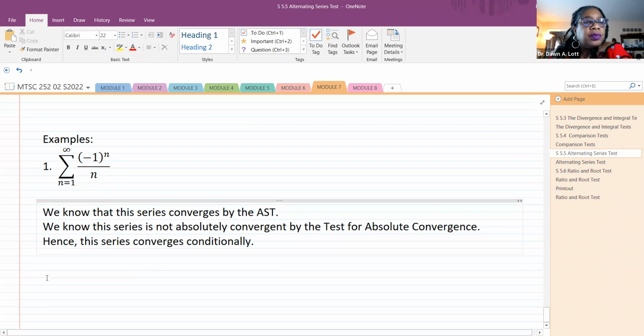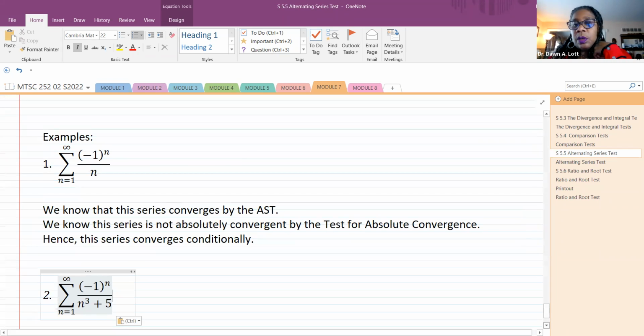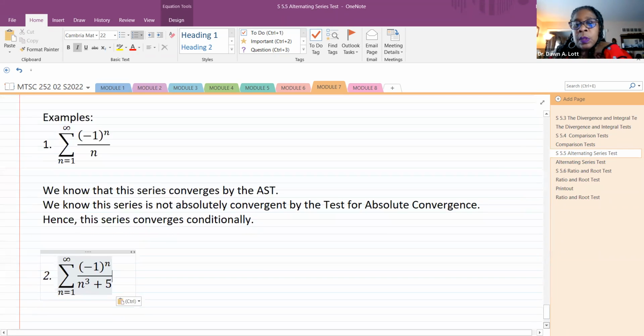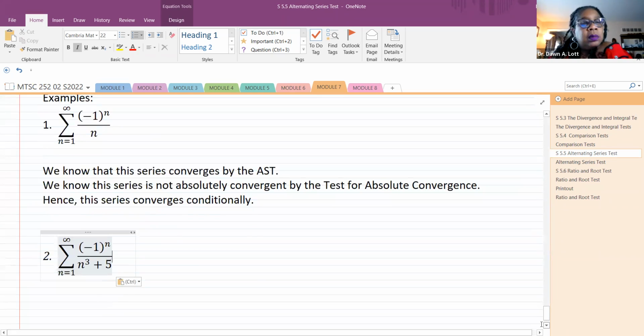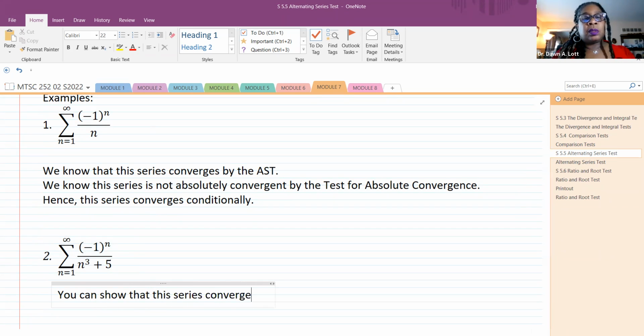So here's this series. You can show that this series converges by the alternating series test.